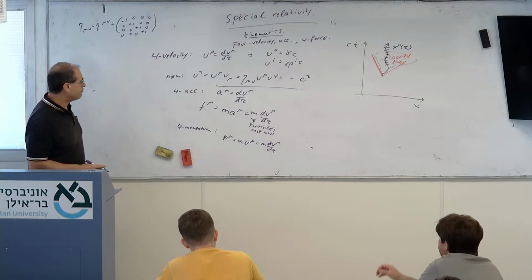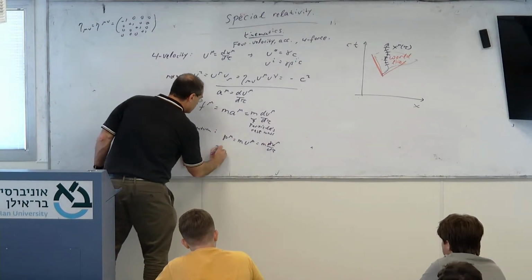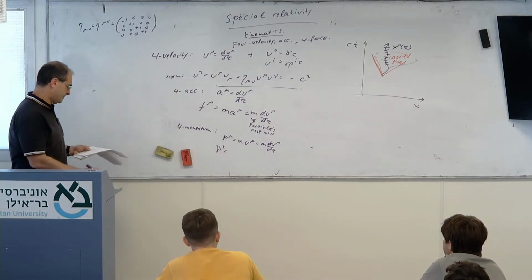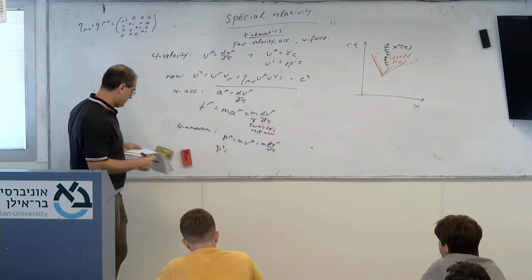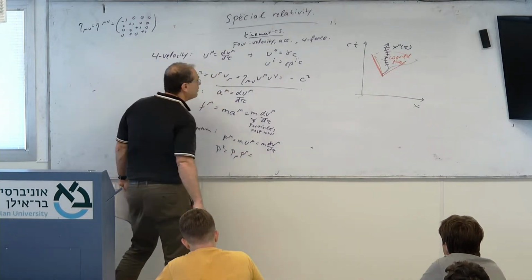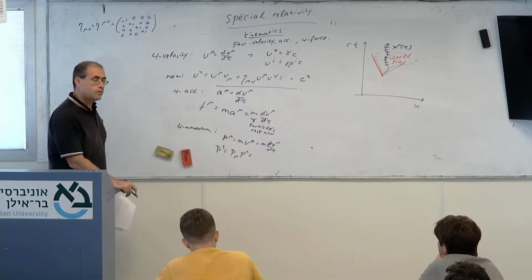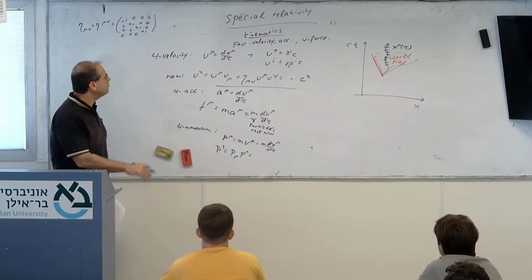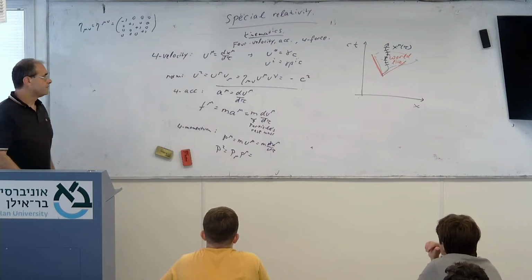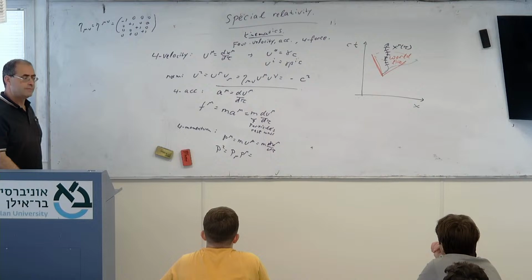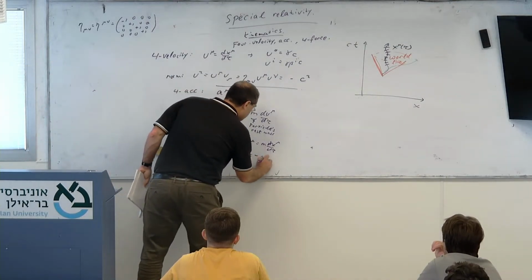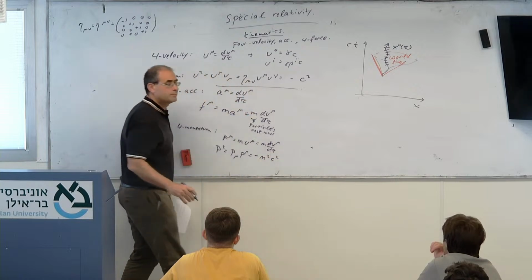What is the norm of the 4-momentum? P squared is P mu P mu, which is minus m squared c squared, an Einstein invariant.